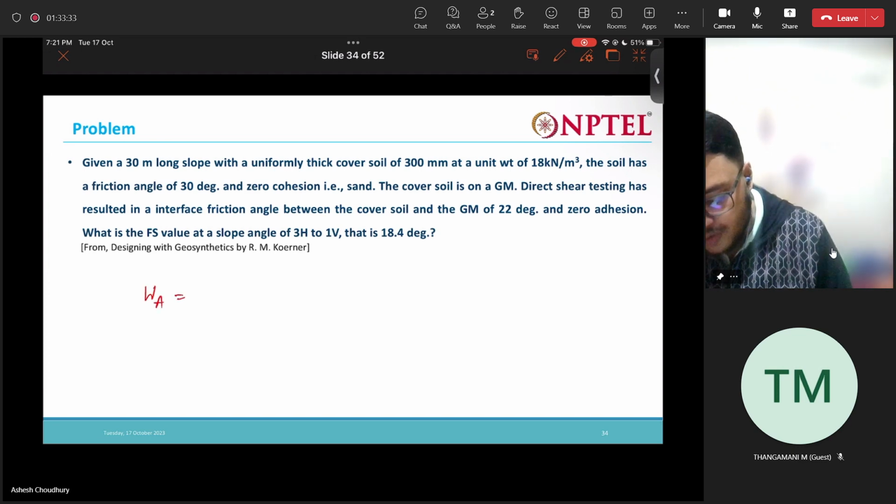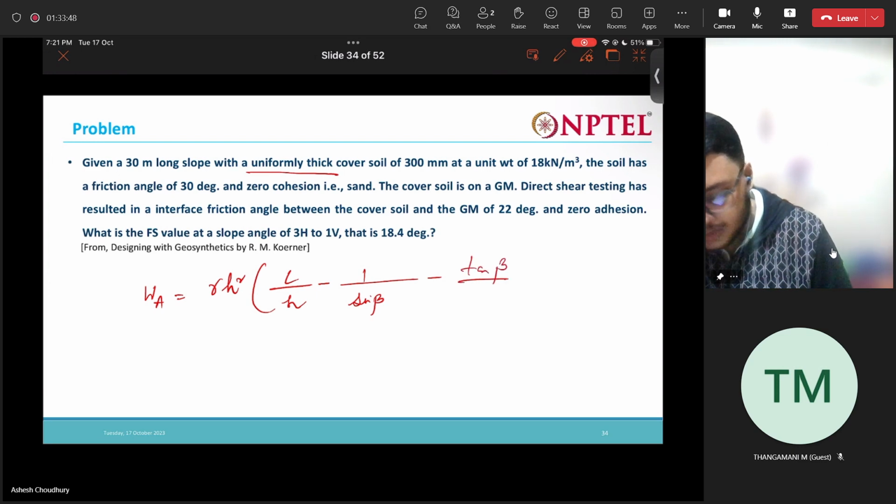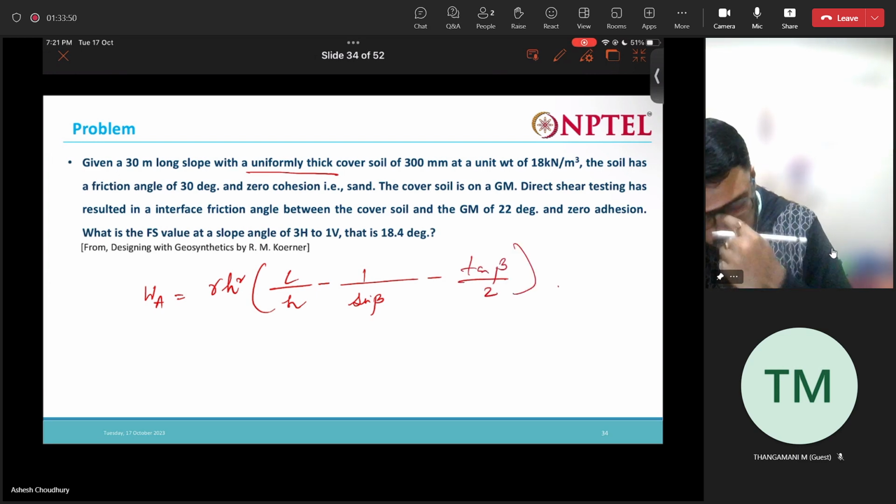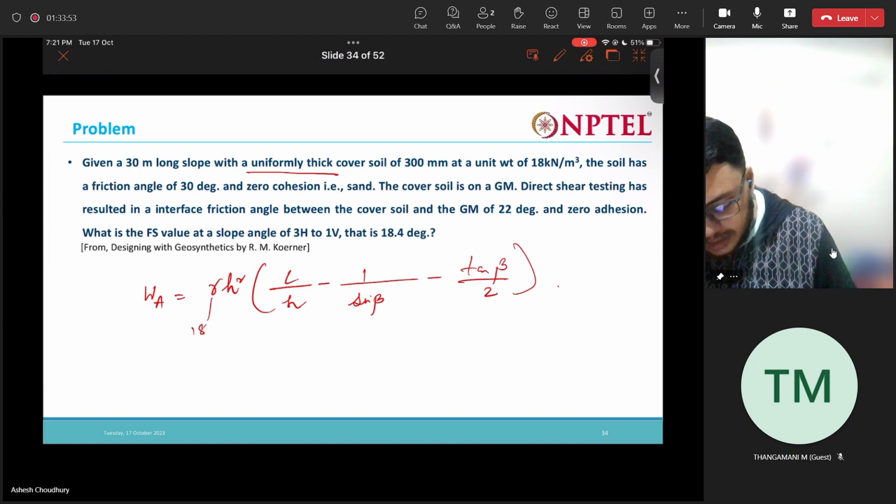So this is the case of uniformly thick cover. So gamma H square, then beta by 2. Gamma is 18, H is 0.3 square, L is 30, beta is 18.4.